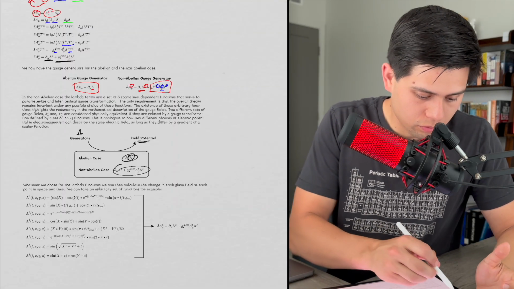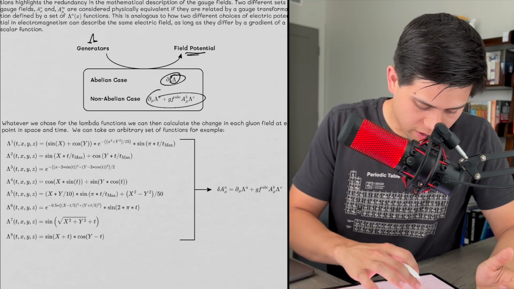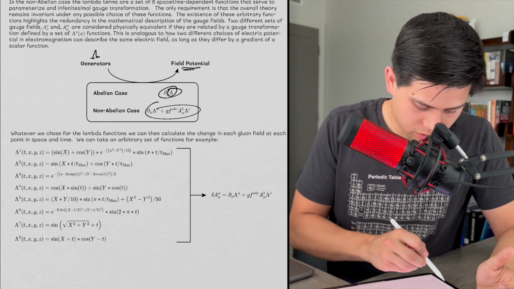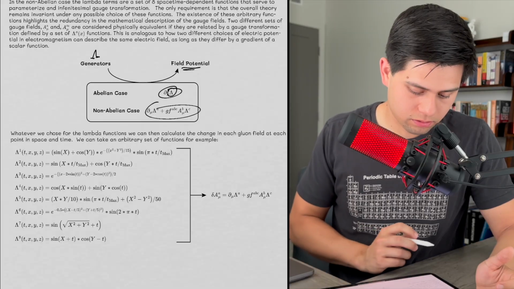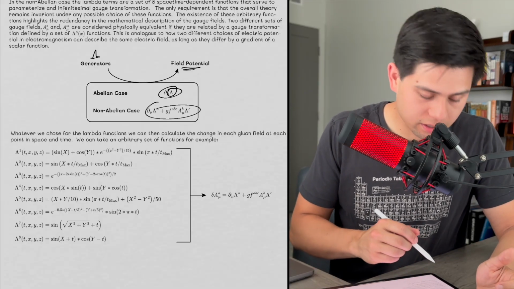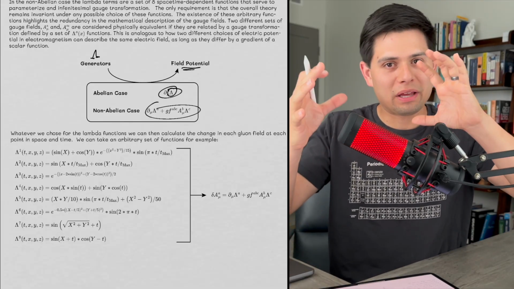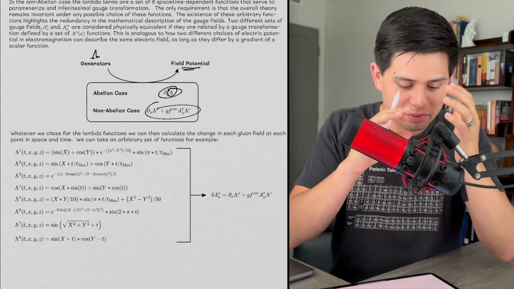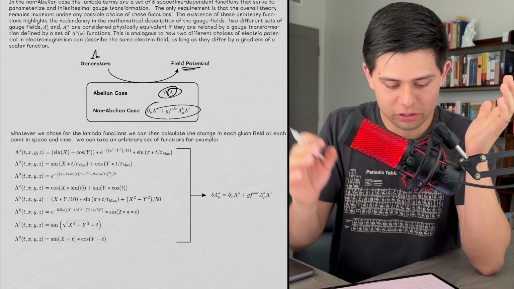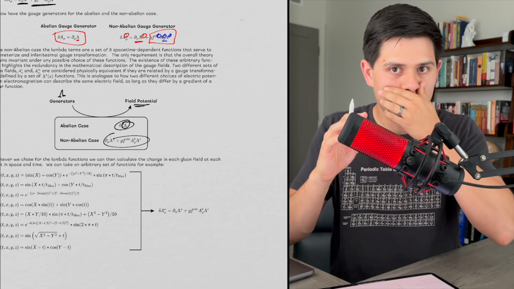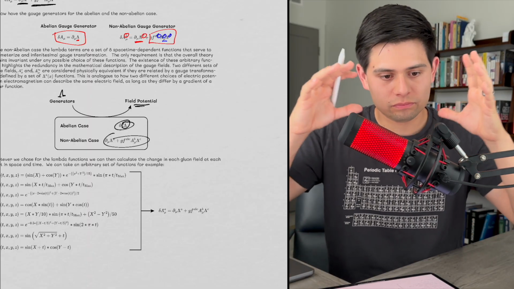And so what we have now is 8 of these functions. They're all playing with each other. In the abelian case, we just had one function.